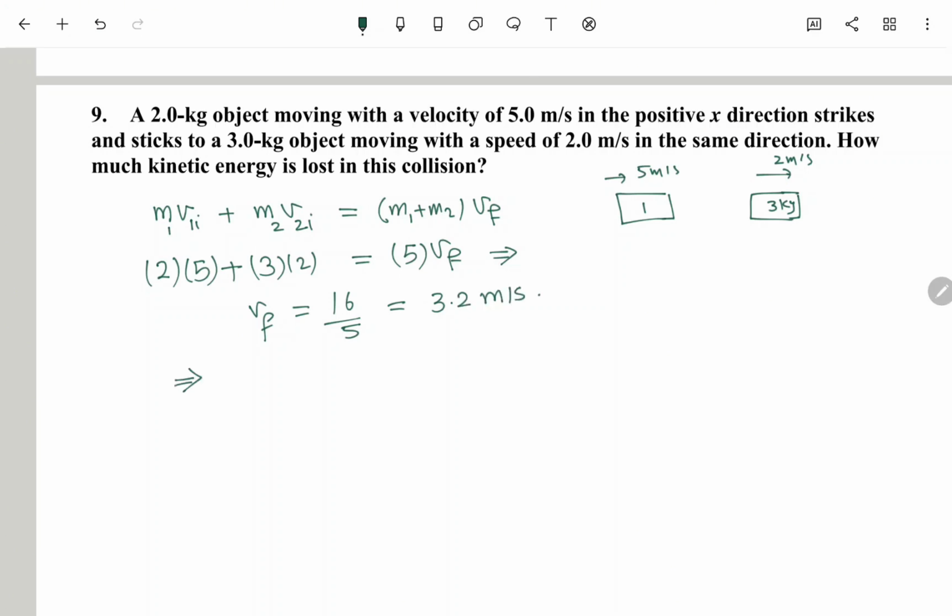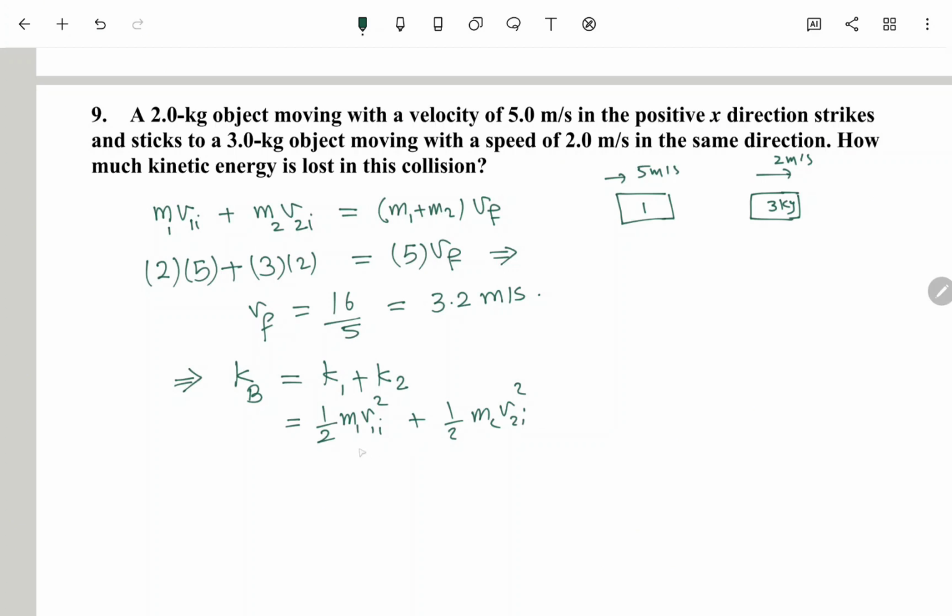Let's calculate the kinetic energy before the collision and the kinetic energy after the collision. And again, they shouldn't be the same because it's an inelastic collision and kinetic energy is not conserved. So kinetic energy before the collision is equal to K1 plus K2, half M1 V1 initial squared plus half M2 V2 initial squared.